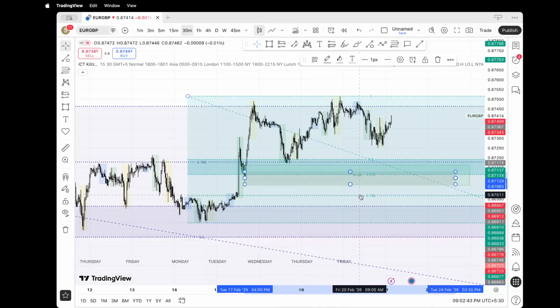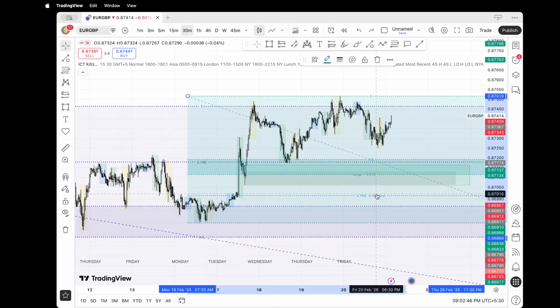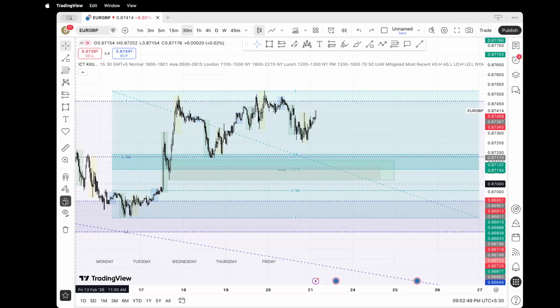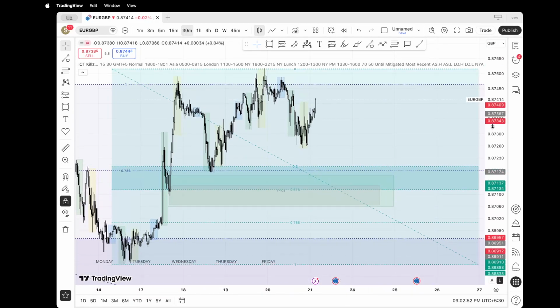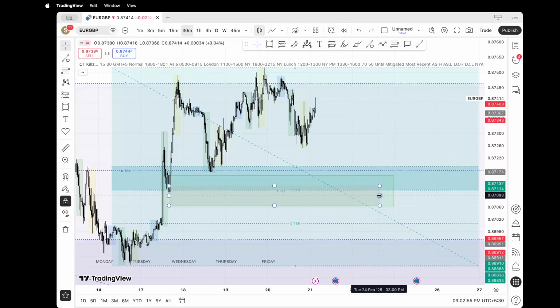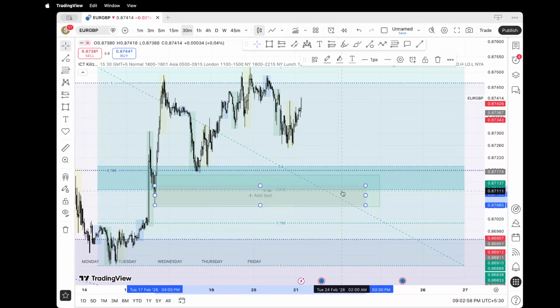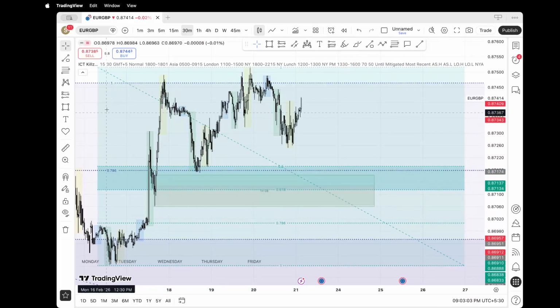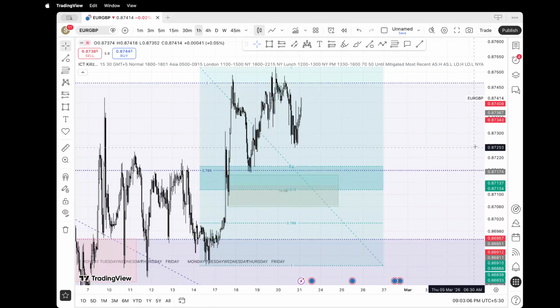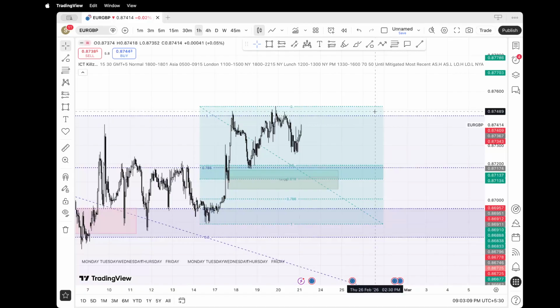Let's keep it as gray. Yep, so we can take a trade from here.